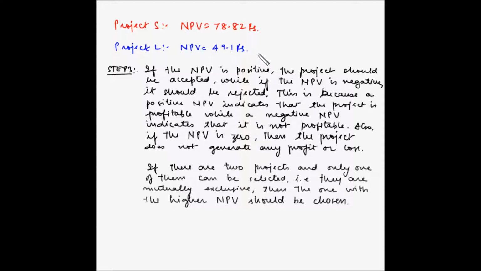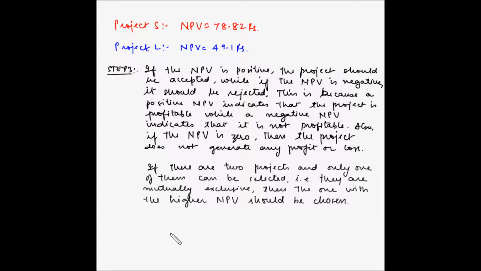So if possible, both projects can be accepted if they are independent of each other. However, if they are mutually exclusive and only one should be chosen, then project S should be chosen as it gives a higher net present value, which in turn means that it is going to give us more profits.